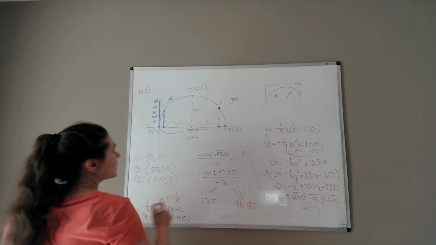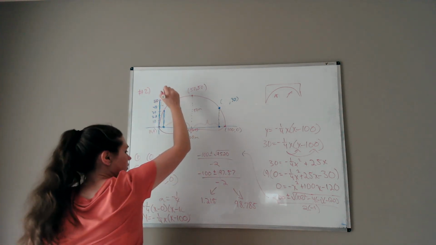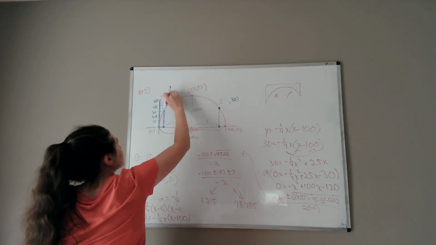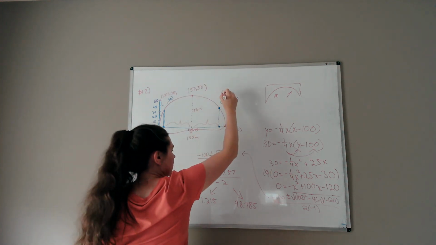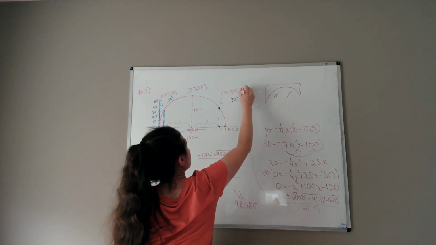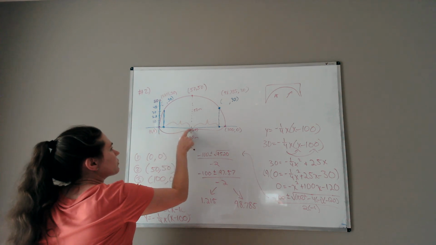Okay, so we know that this is 1.215, comma 30, and this is the point 98.785, comma 30.